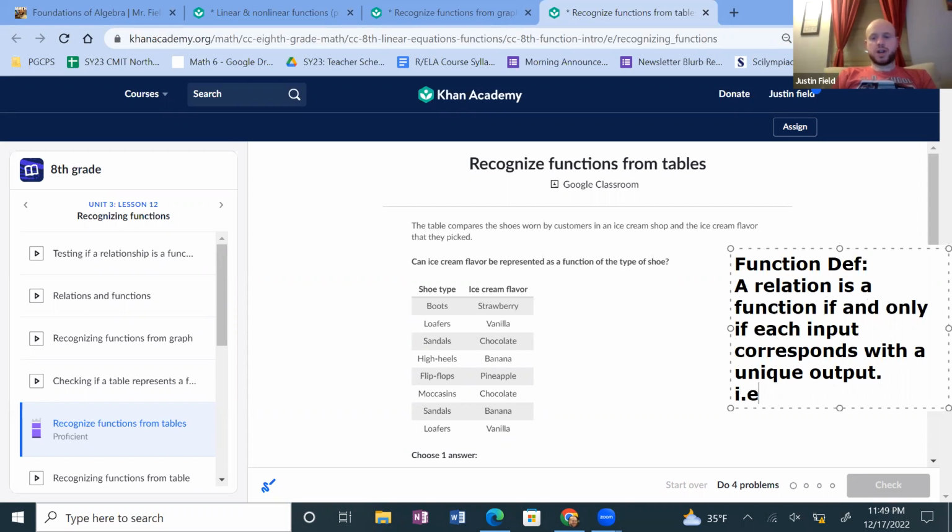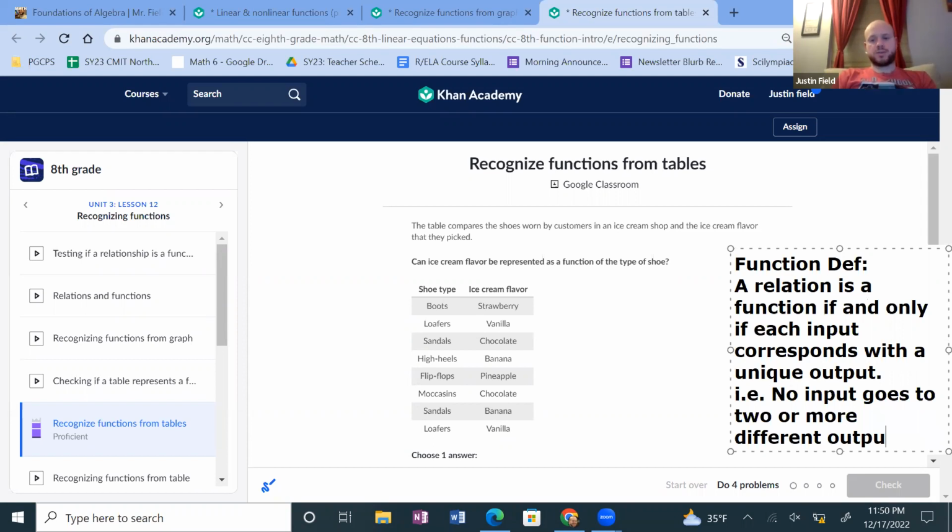In other words, no input goes to two or more different outputs. And here a nice story would help drive the point home. Imagine you're going to a vending machine and you press G2 because G2 is Reese's peanut butter cups, my favorite.